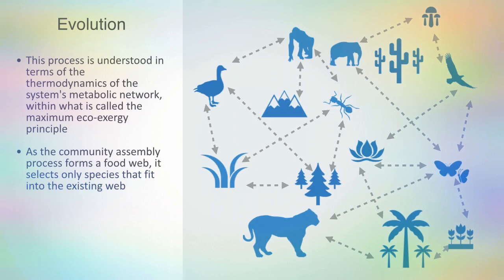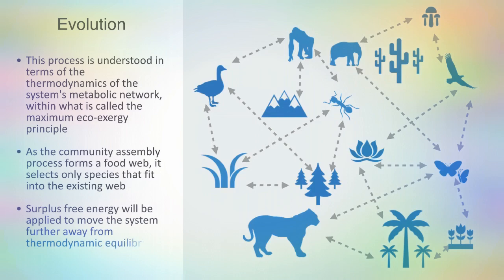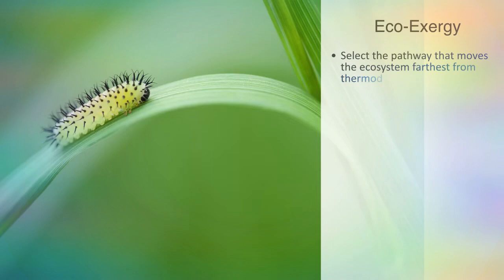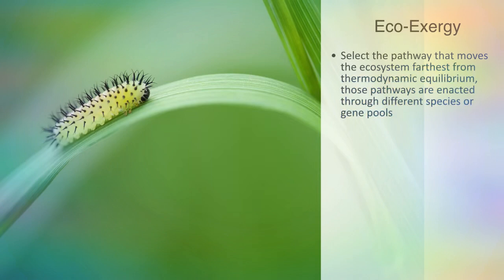If the ecosystem receives more free energy than required to maintain its function, the surplus free energy will be applied to move the system further away from thermodynamic equilibrium. Ecosystems offer many possibilities to move away from thermodynamic equilibrium, and they select the pathway that moves the ecosystem furthest from equilibrium. Those pathways are enacted through different species or gene pools.